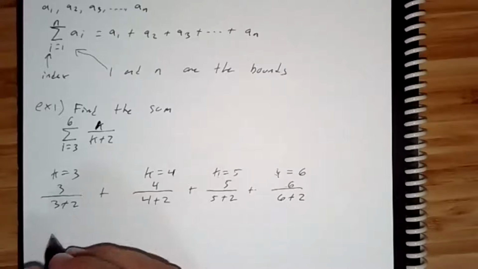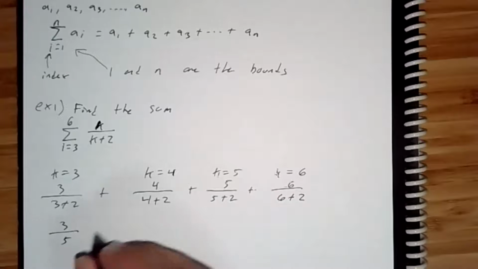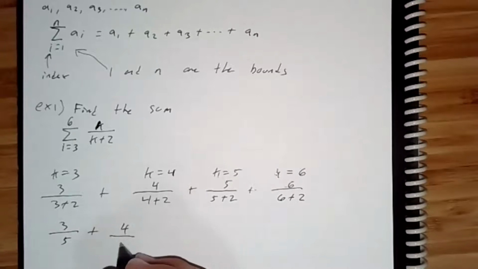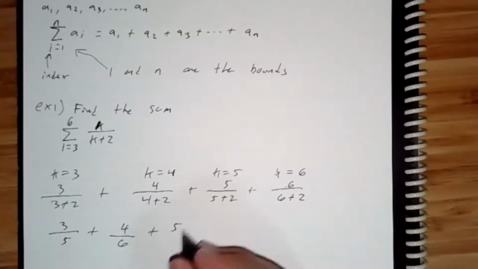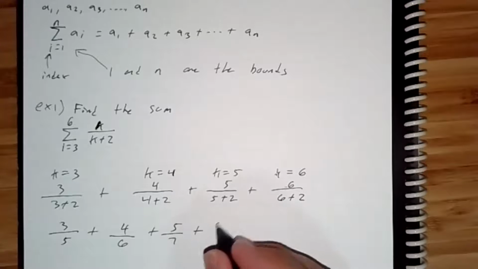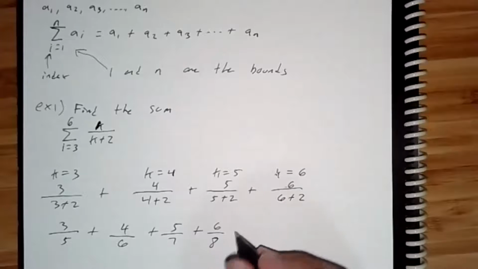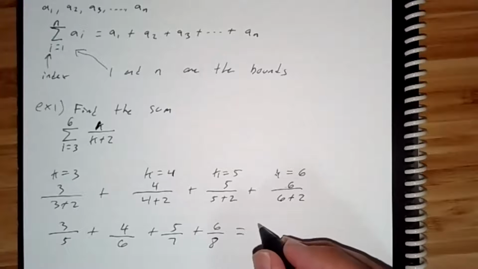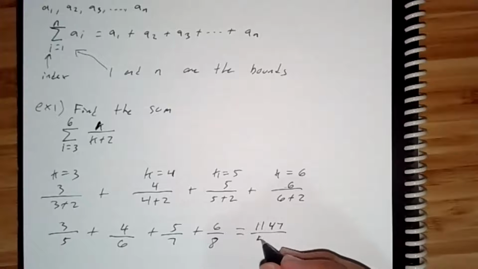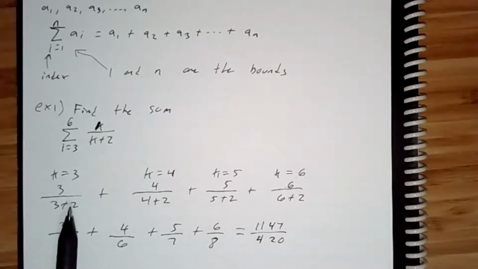Then just add them up: 3/5 plus 4/6 plus 5/7 plus 6/8, which is 1147 over 420. All you have to do is start at the beginning till the end.